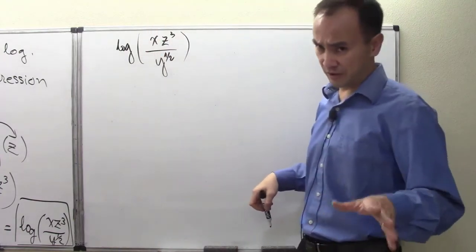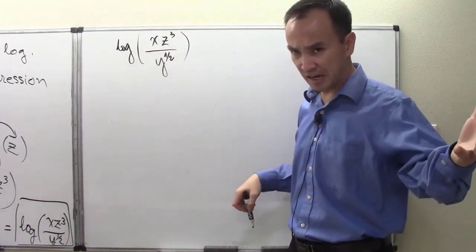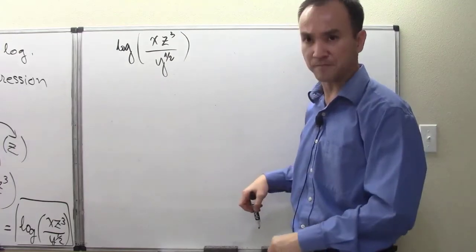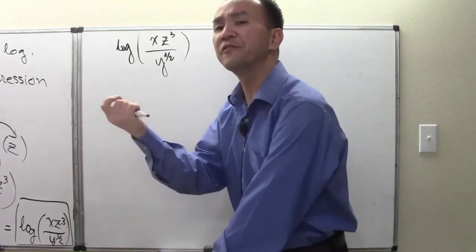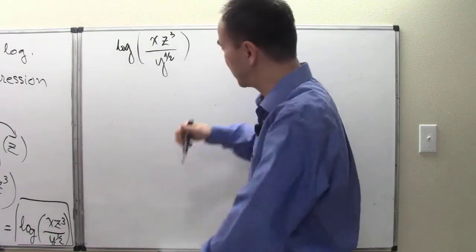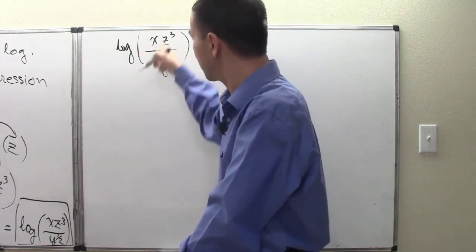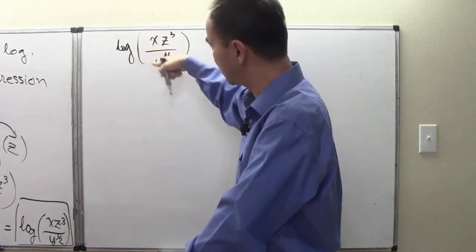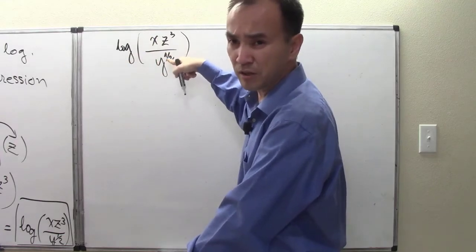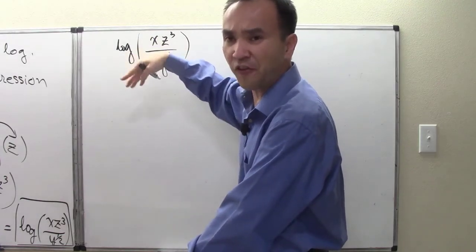However, do watch out that some instructors out there, aside from me, may prefer their students to write the same expression here, but having the inside completely free from fraction powers.